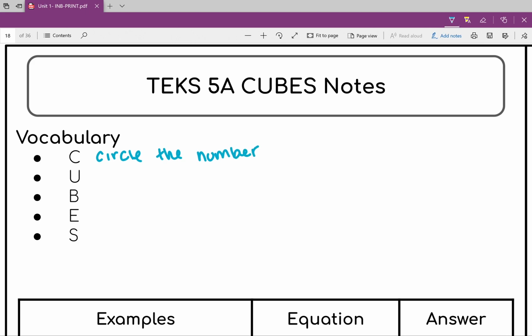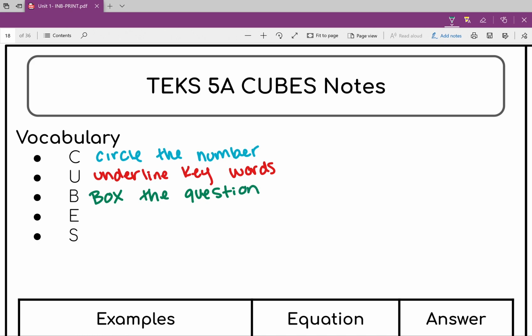And then U stands for underline keywords. The B stands for box the question. E stands for write the equation.